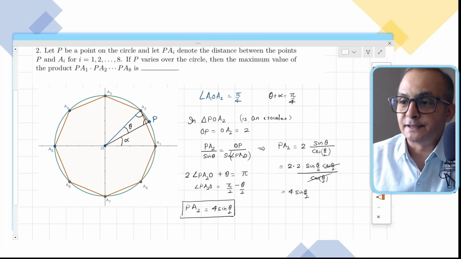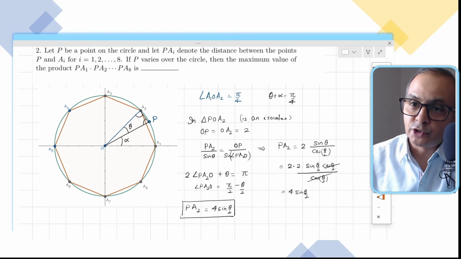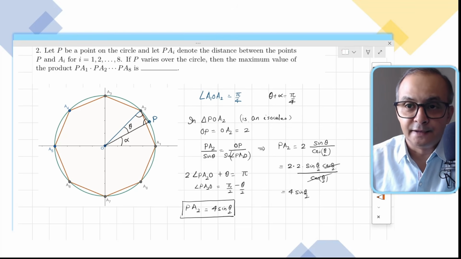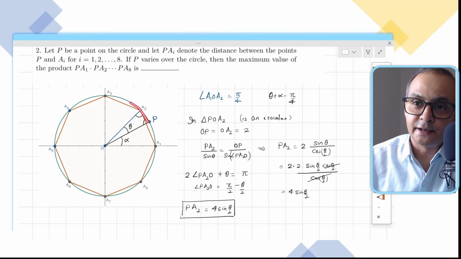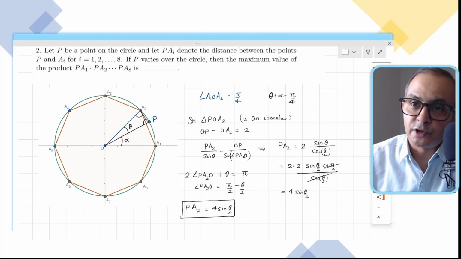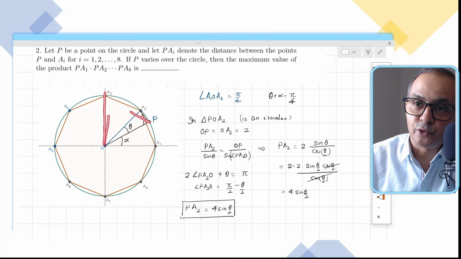How will it repeat? Let's see. Suppose I want to find PA3. Please understand, I'm going anti-clockwise, and for alpha I will do the other calculation. So I join P to A3, and it will again create a new triangle in which OP and OA3 are equal.